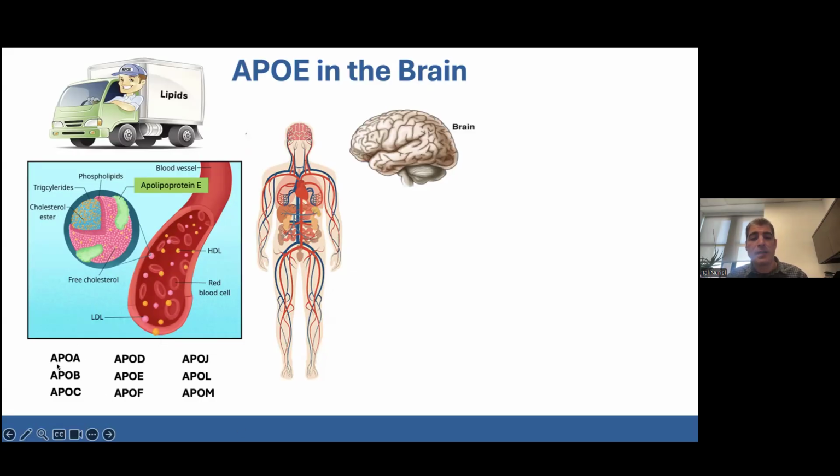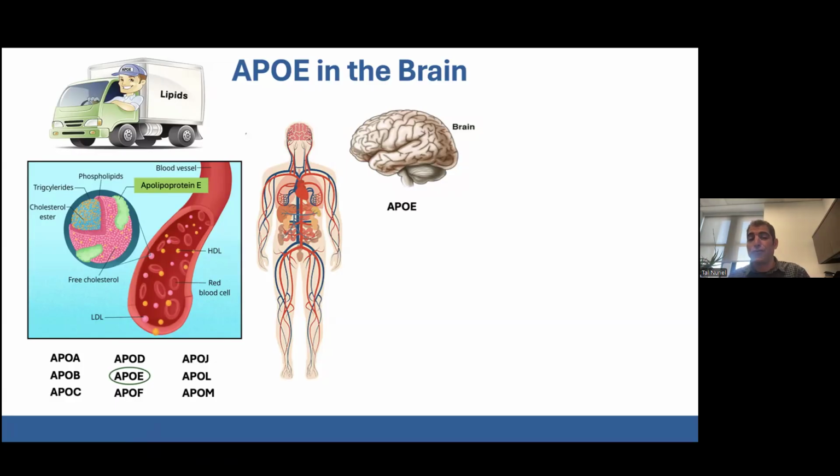you have lots of different apolipoproteins that all do similar functions. They have some variations, but ApoE is just one of these many apolipoproteins that bring the important lipids around to cells in the body.